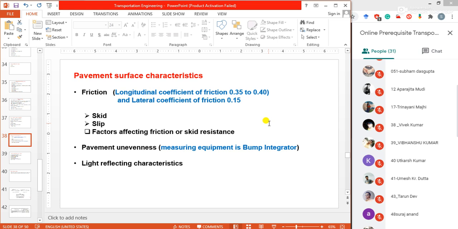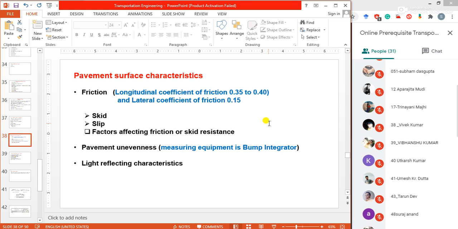Lots of factors are involved in choosing this 0.35 to 0.4 value. Because there is a wet condition of the pavement, there is a muddy condition of the pavement, there is a new tire, there is an old tire, lots of things are considered by IRC when they fixed this value of 0.35 to 0.4 for longitudinal coefficient of friction and 0.15 for lateral coefficient of friction.